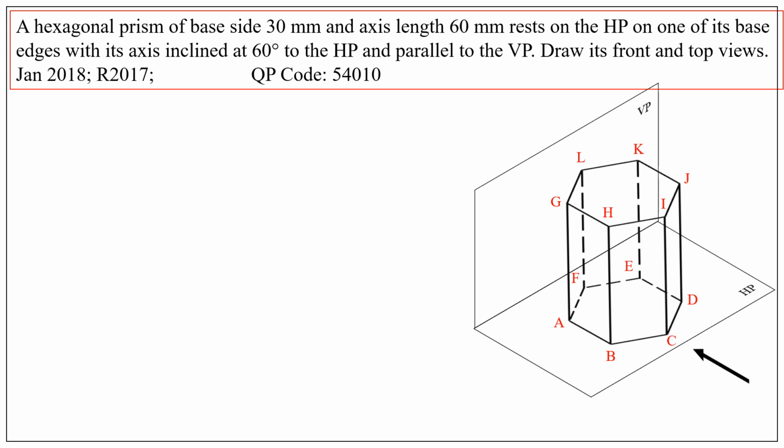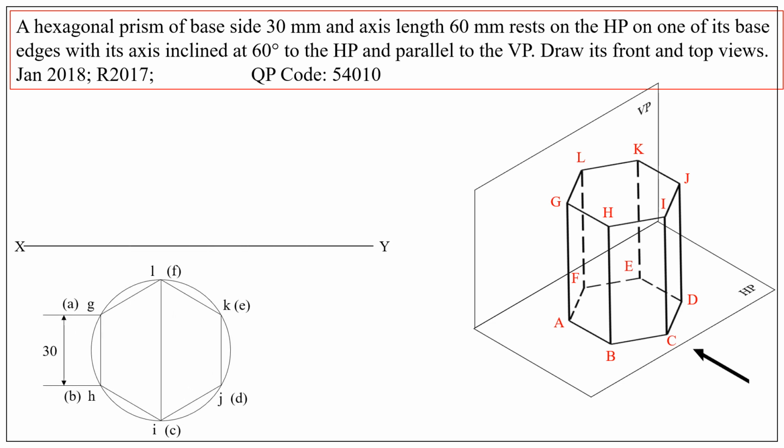Therefore, first we need to draw the top view for the assumed position, draw the XY line, and draw the hexagon and name the points as shown in the figure.